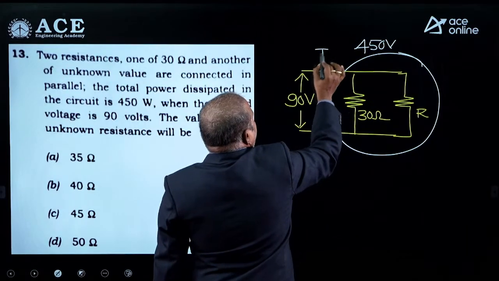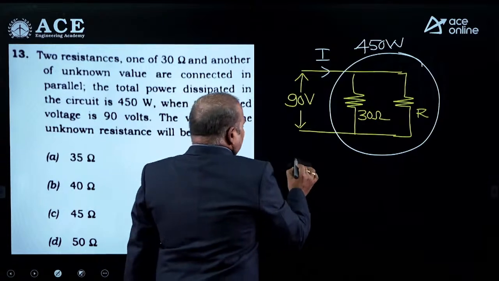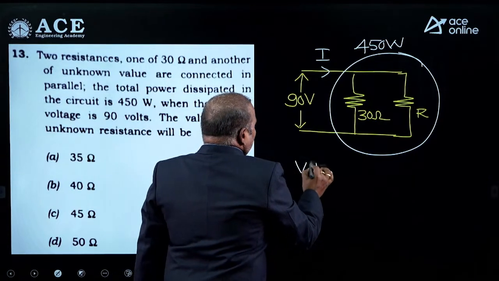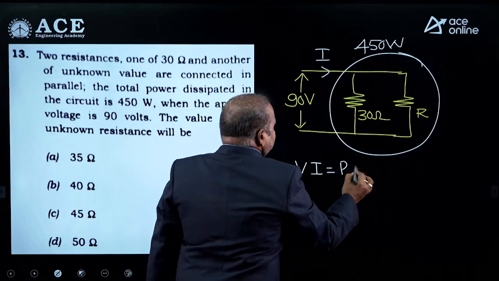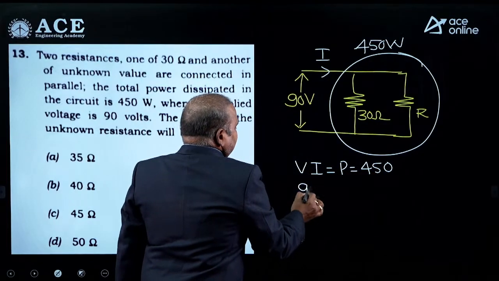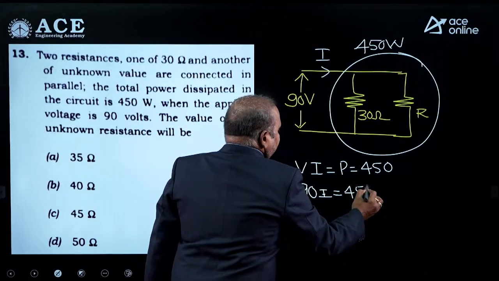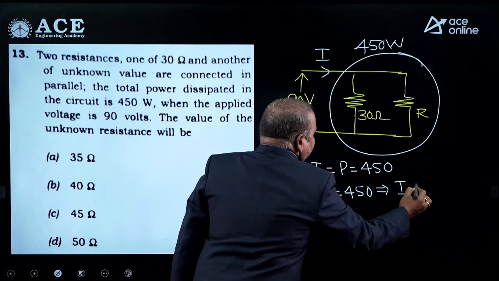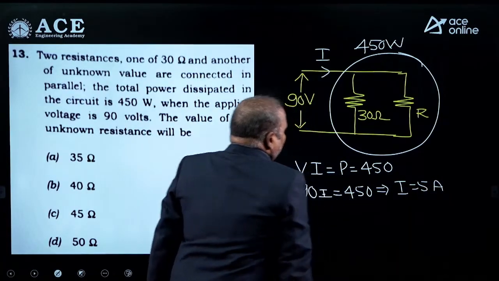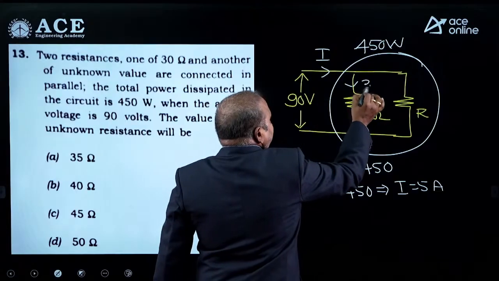From this I would like to estimate the total current. You know that voltage into current is nothing but the power, which is equal to 450, and the applied voltage is given as 90, so 90 into current I is equal to 450. The total current I value we are getting is 5 amperes. Using this applied voltage, the first branch current I can estimate as 3 amperes.